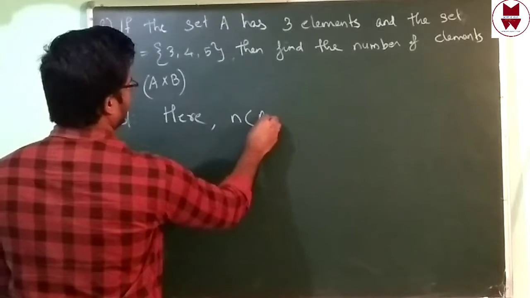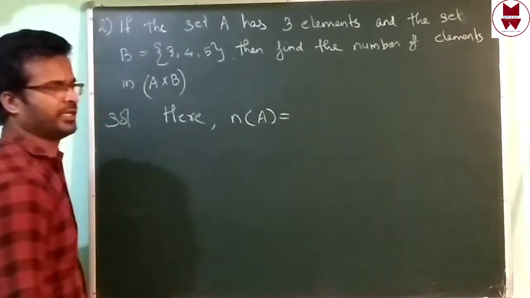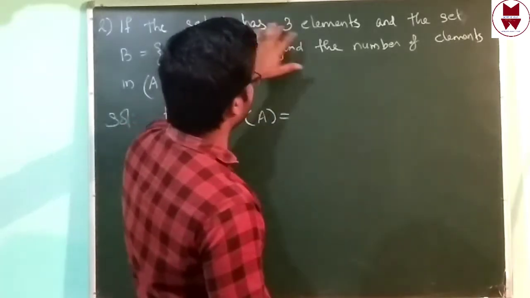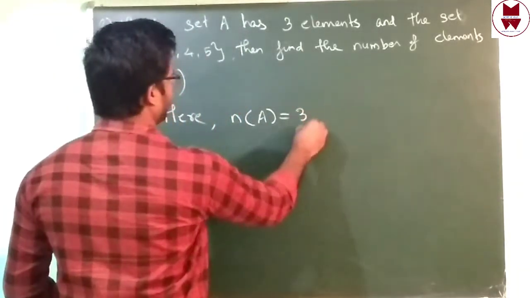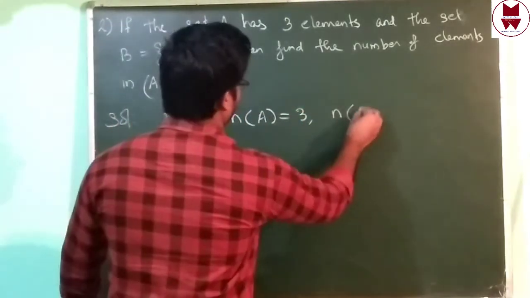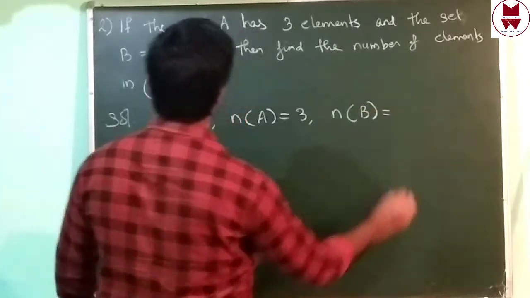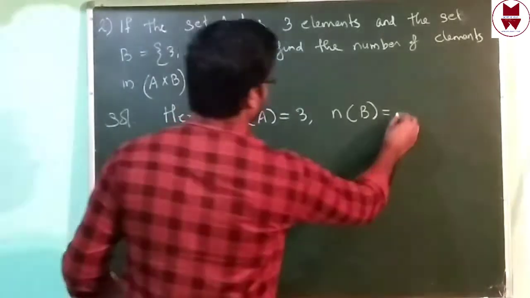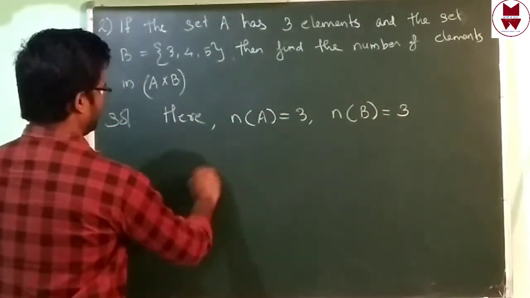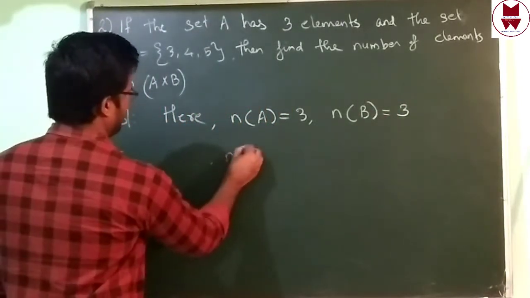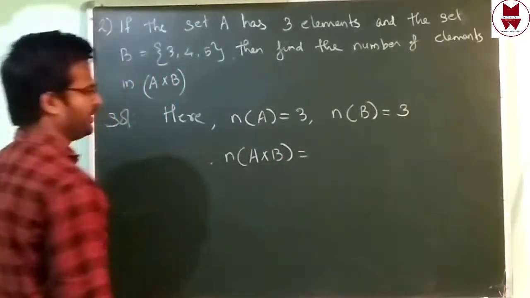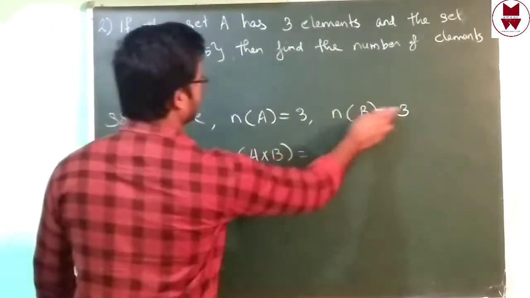We can write n(A), that is the number of elements in A, already given: the set A has 3 elements, 3. Then the number of elements in set B: 1, 2, 3 elements, isn't it? 3. Therefore, n(A cross B), the number of elements in A cross B, just multiply these 2.